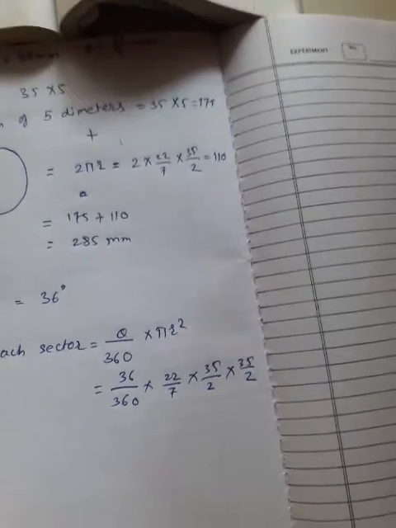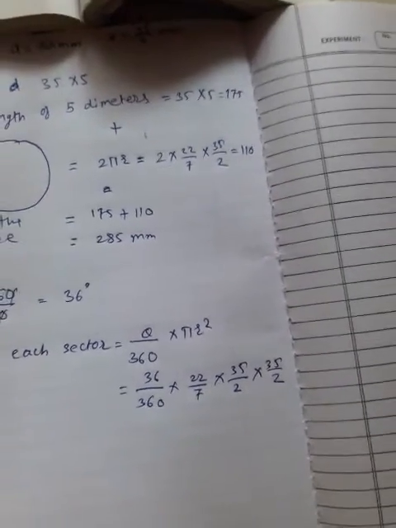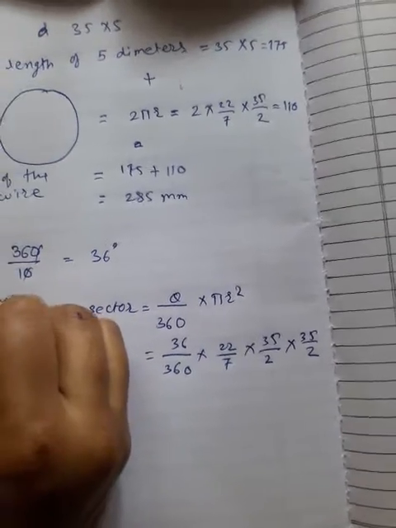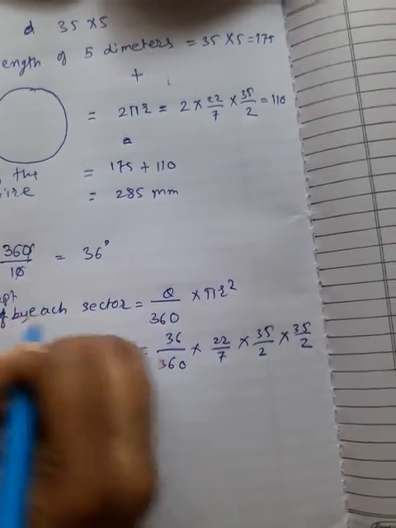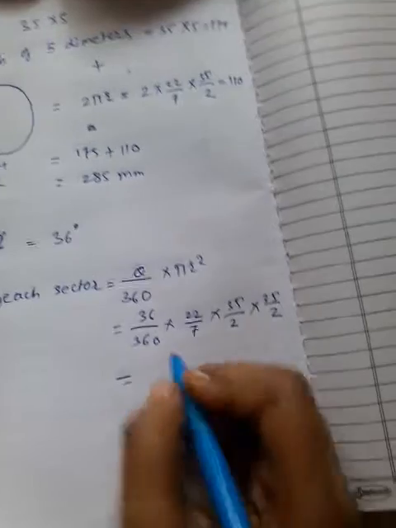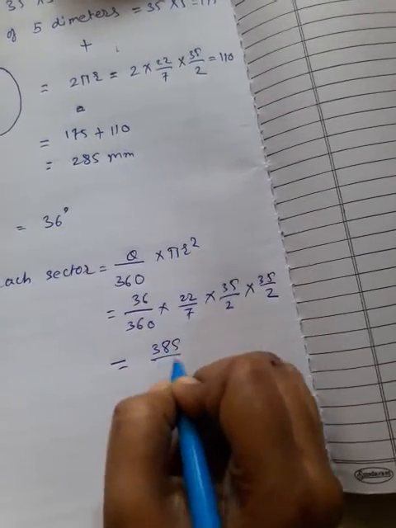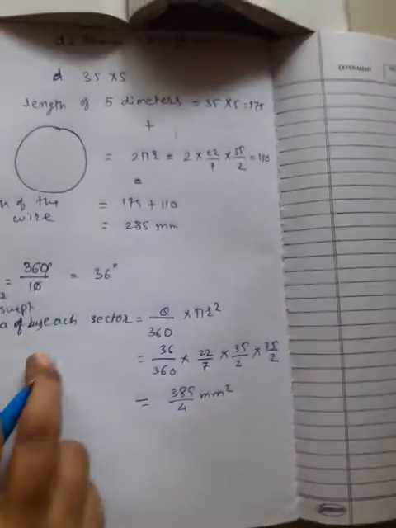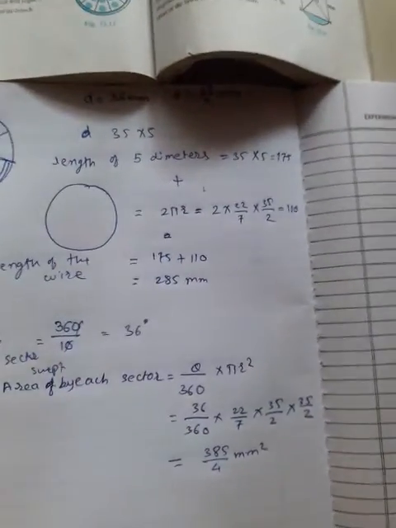The area swept by each sector, after this calculation, is 385 by 4 mm square. Now we have the area and the length of the wire.